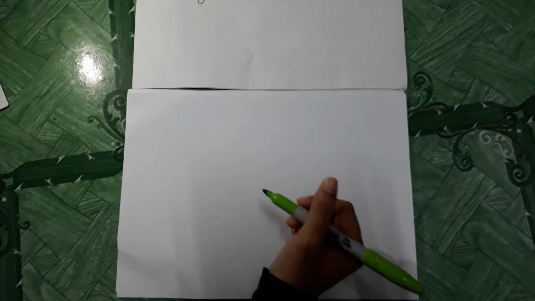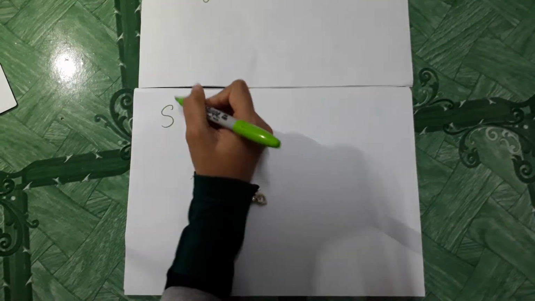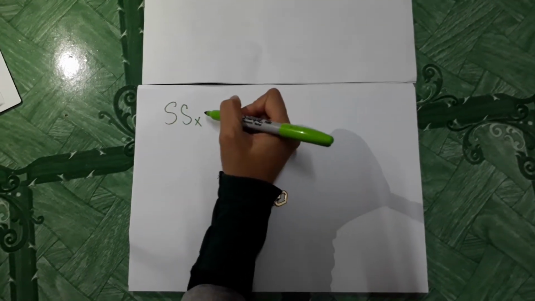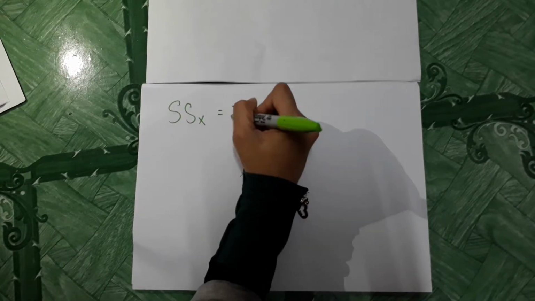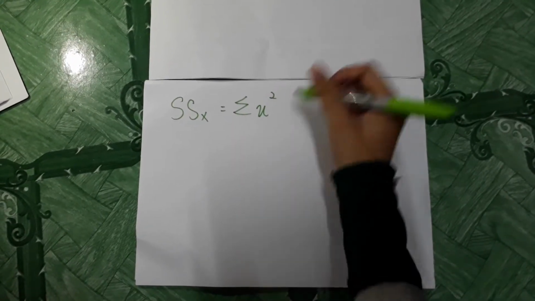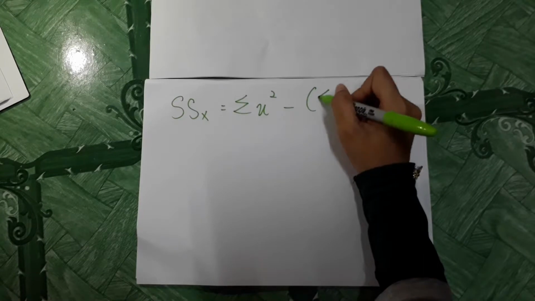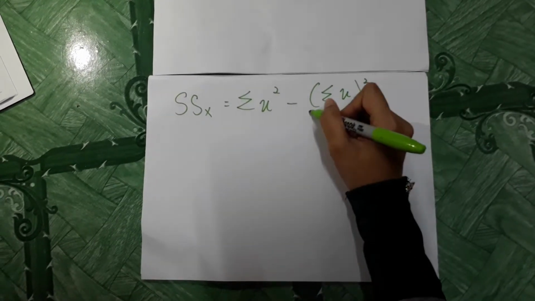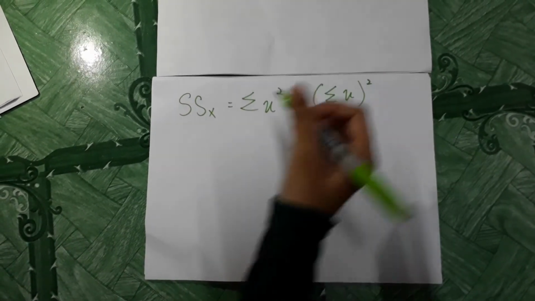Next, find the SS for X, which is equal to total of X squared minus total X squared divided by the number of data.